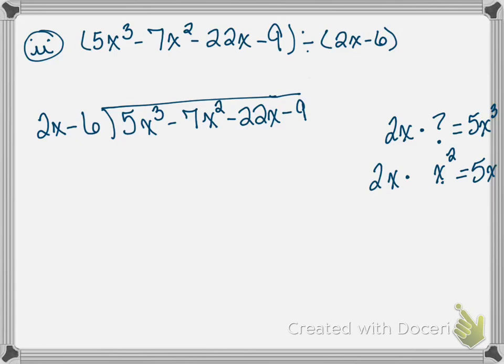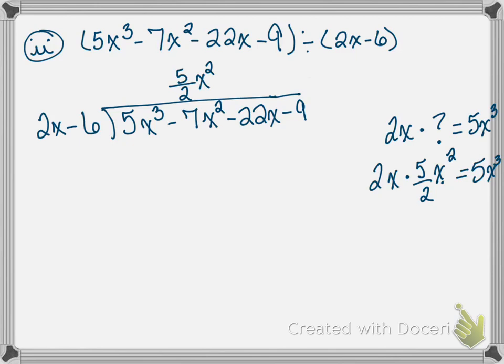But I also need to get the 5. And what I multiply by is 5 over 2. 2 times 5 is 10, and 10 divided by 2 is 5. So my coefficient, when I start doing my division, it's going to be 5 over 2 x squared. That is how I start this problem.